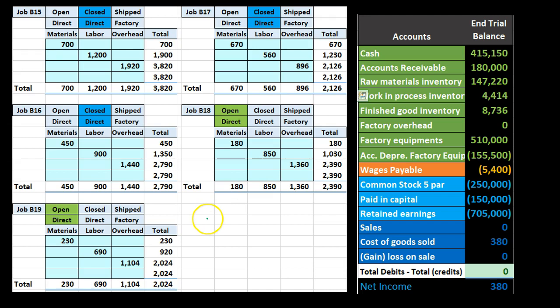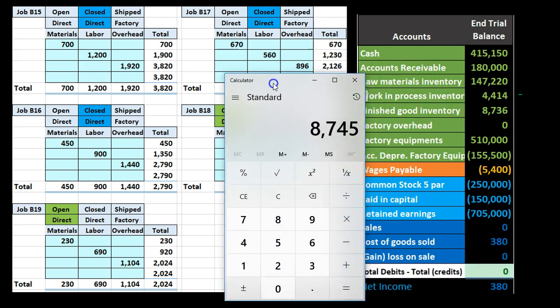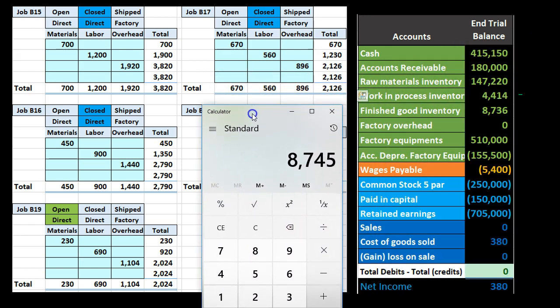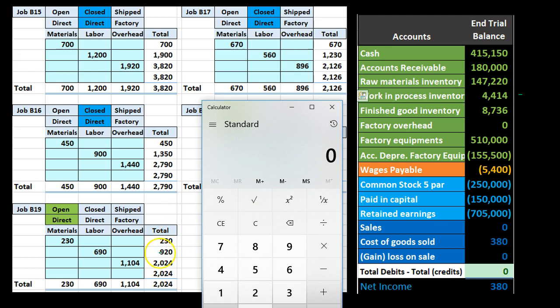So if we look at our end product now, we see the job cost system is now supporting these 2 numbers. And just to verify that, we said that the blue numbers are now the finished jobs, which once again is the 3820 plus the 2790 plus the 2126. That's going to be this number, and this number adds up to this 8,736.